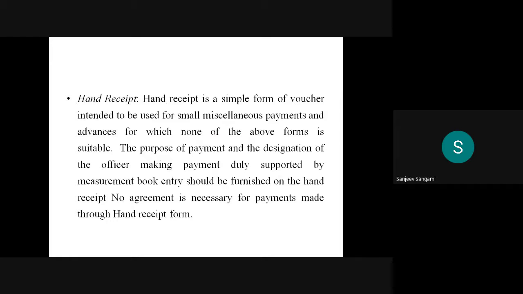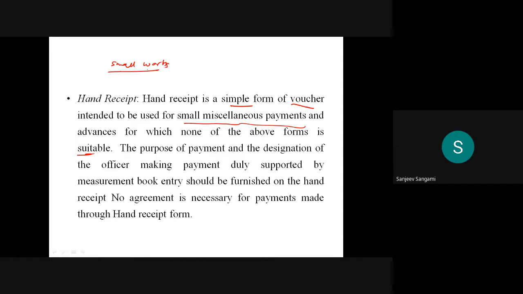Then hand receipt. The hand receipt is a simple form of voucher intended to be used for small miscellaneous payments and advances for which none of the above forms is suitable. This hand receipt is for small works.